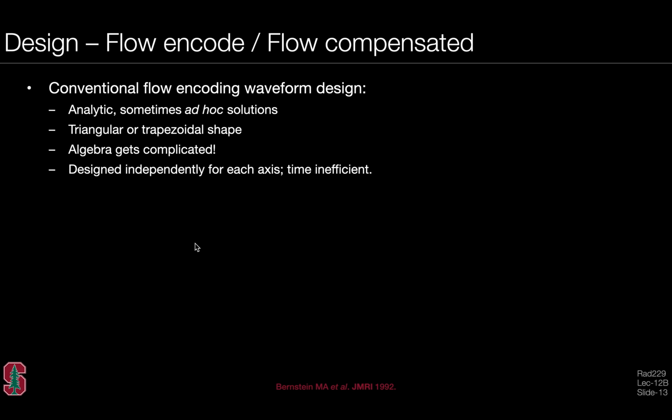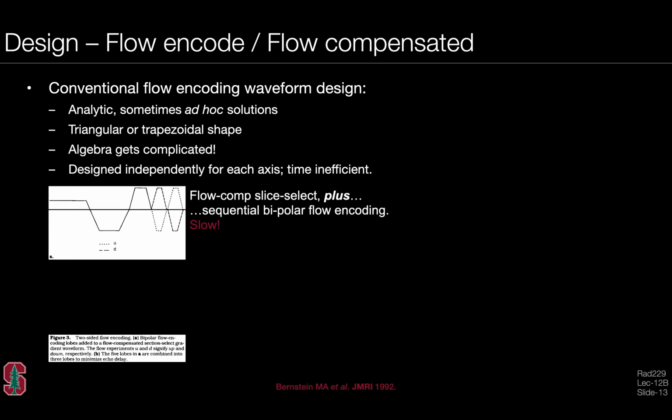In general, these analytic conventional approaches are designed independently for each axis, and that can result in some time inefficiency. And we'll see that there's some other inefficiencies that arise from these sequences, and so we seek solutions that are ultimately the most SNR efficient possible, and that's the subject of the lecture that follows this one.